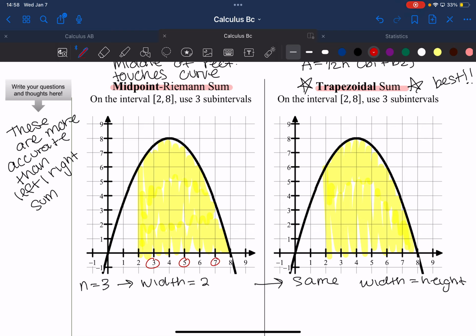Okay, all those middle numbers. And those numbers are going to be where I plot the points on the curve. Okay. And since this is going to be a rectangle that has a point right in the center and my width is 2, I'm going to make sure to go out 1 unit on either end. And then draw my rectangles.